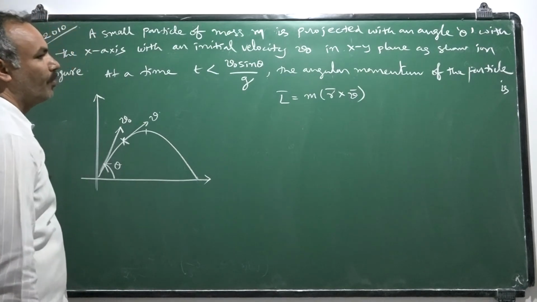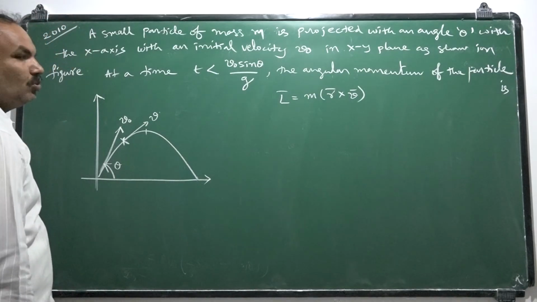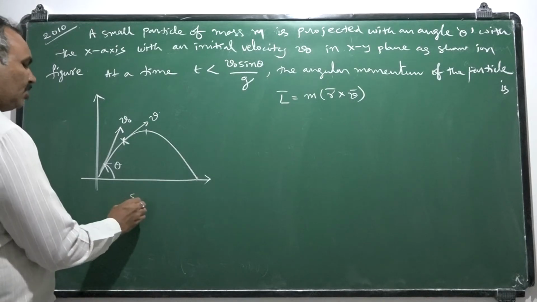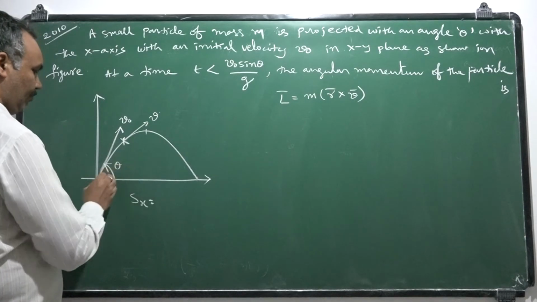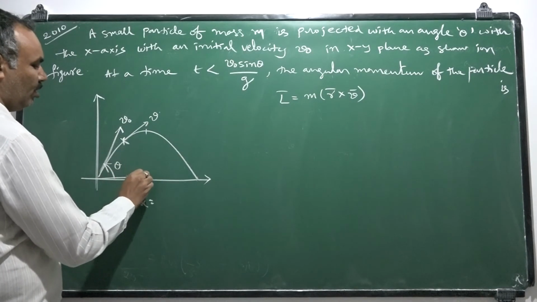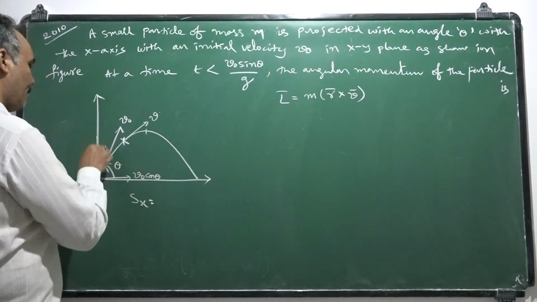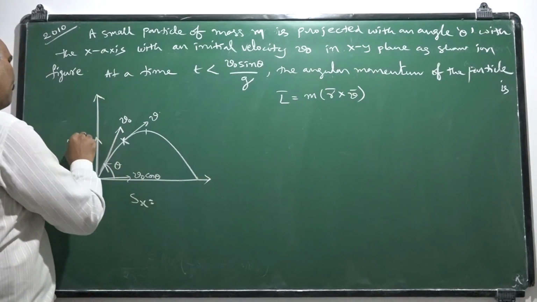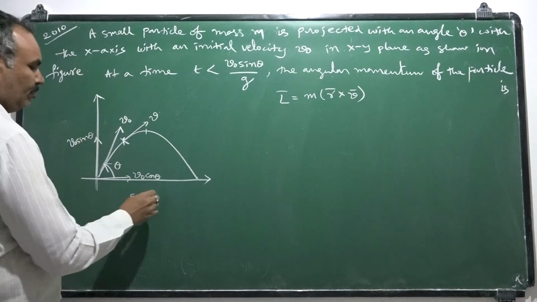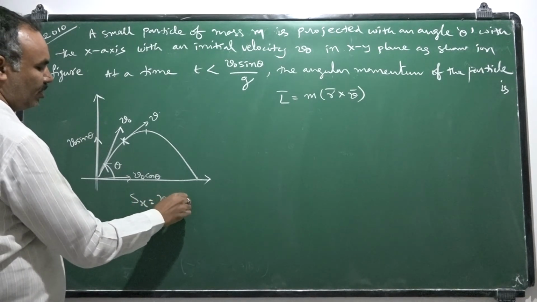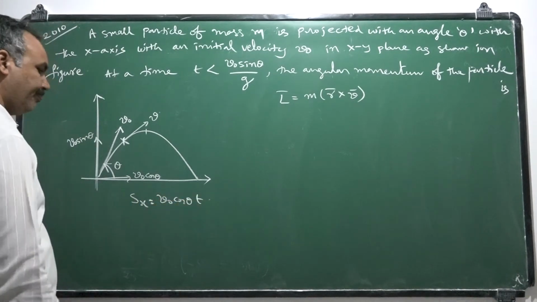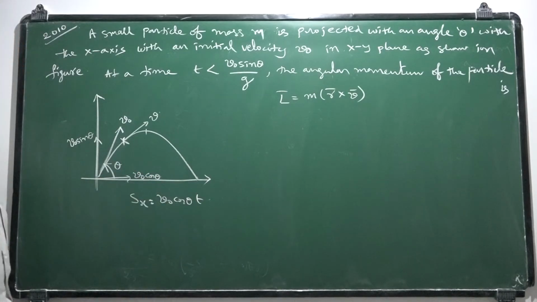So you know that during projectile motion the displacement along x-axis is v naught cos theta into t. In x direction no air resistance is available, hence the motion is uniform motion.